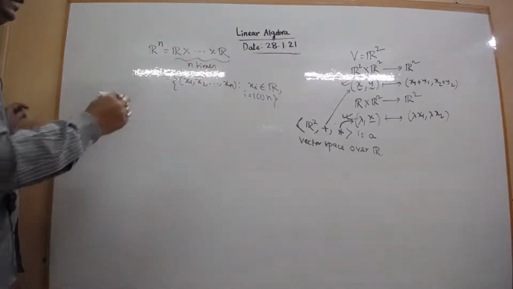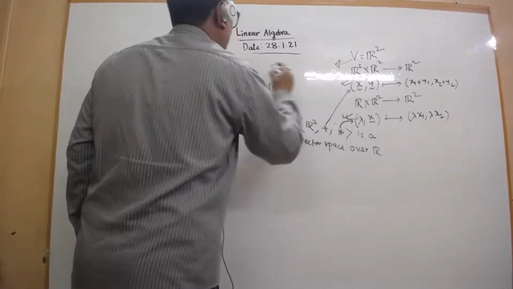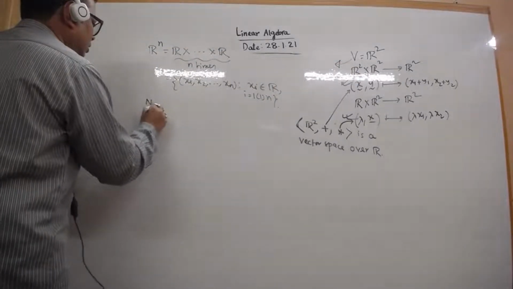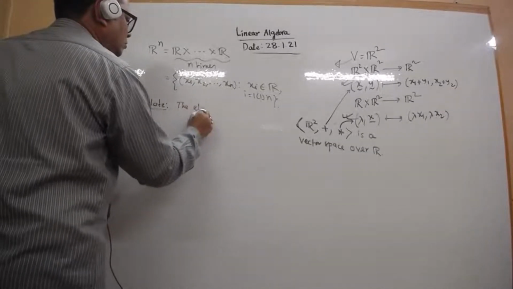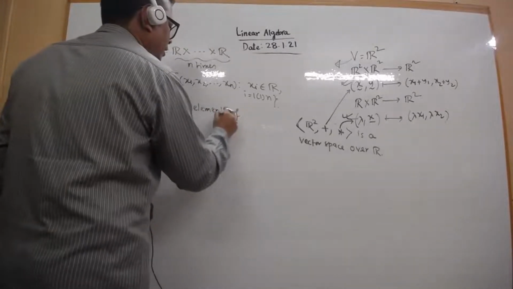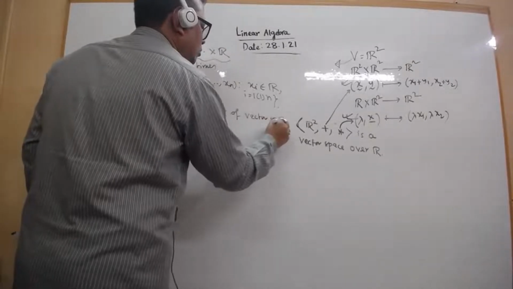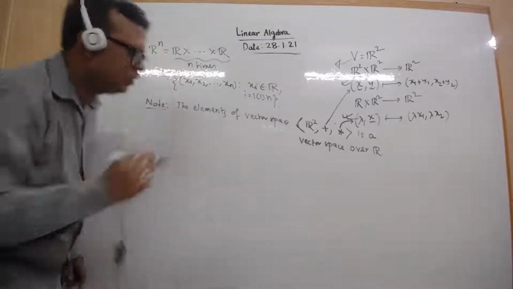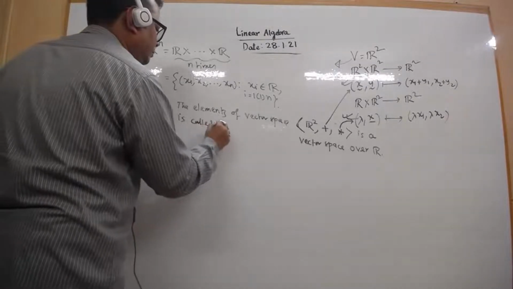Note that the elements of V, where V is a vector space, are called vectors.